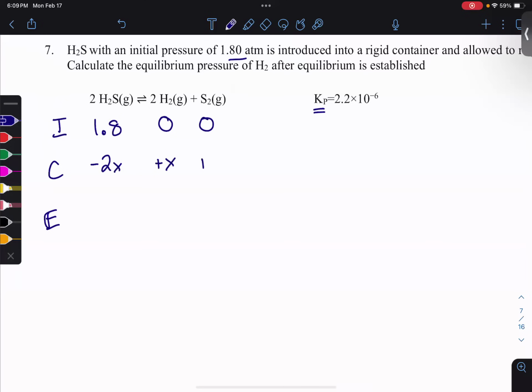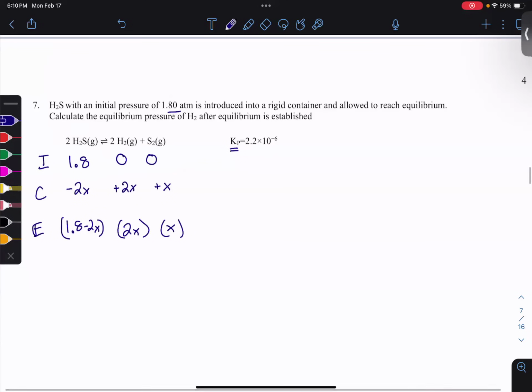Minus 2x, and then plus 2x, thank you, and then plus x. So then at equilibrium, we should have 1.8 minus 2x of that, 2x amount of hydrogen and x amount of that sulfur thing, right?